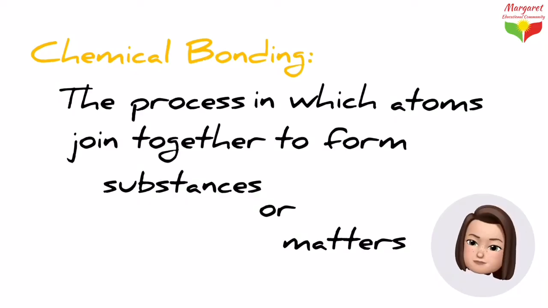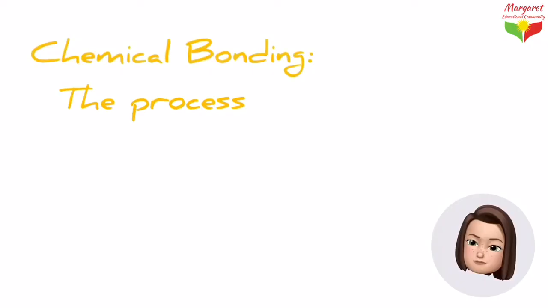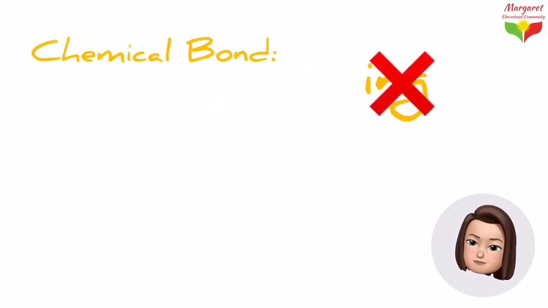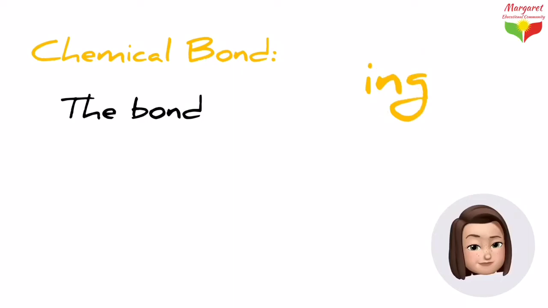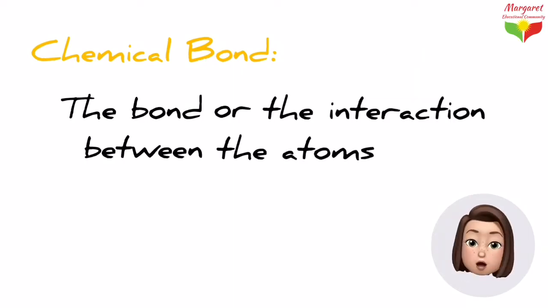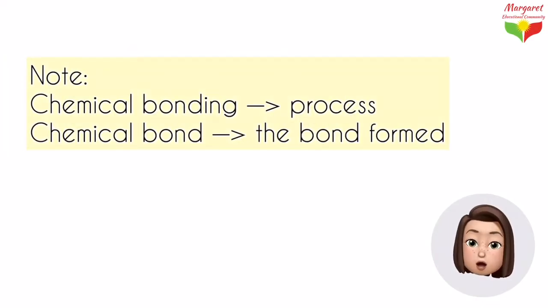If I ask you about the process, you have to say chemical bonding with the ing. But when we say chemical bond, that's actually the bond or the interaction between the atoms. In short, chemical bonding is the process in which a chemical bond is formed.